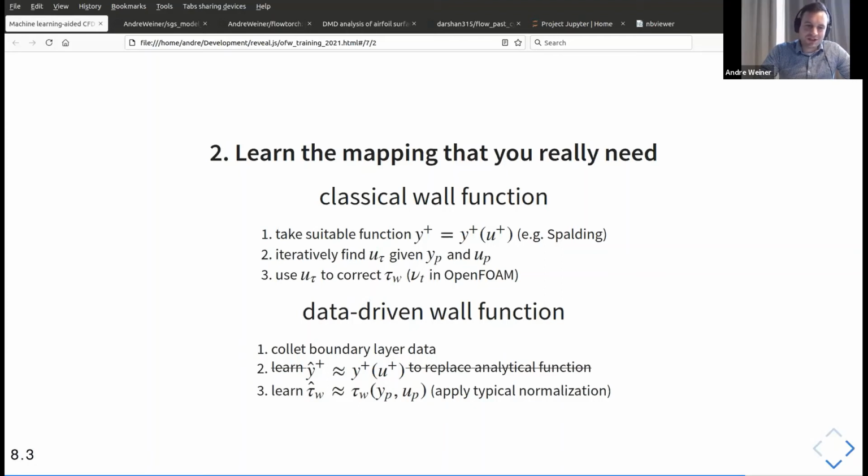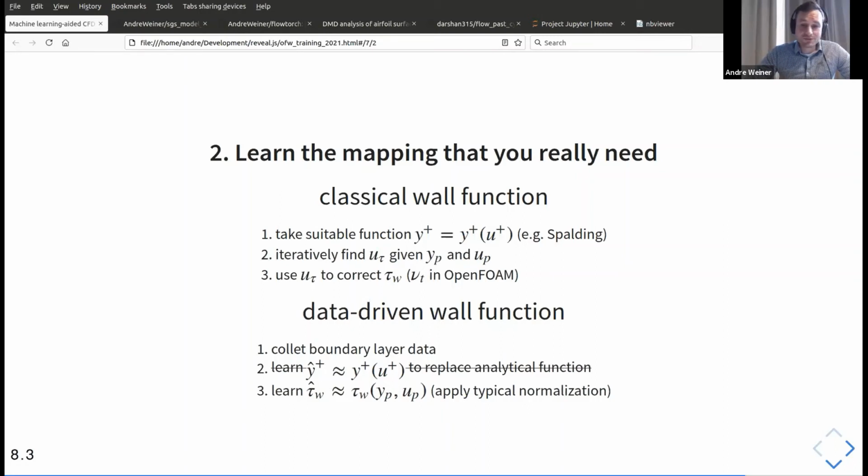But actually, what you can do with machine learning is to take a shortcut and learn directly the mapping from, for example, the velocity at the first cell center, and predict based on those values the shear stress and compute the correction from that. Again, this may seem obvious, but it took me a while to see that.